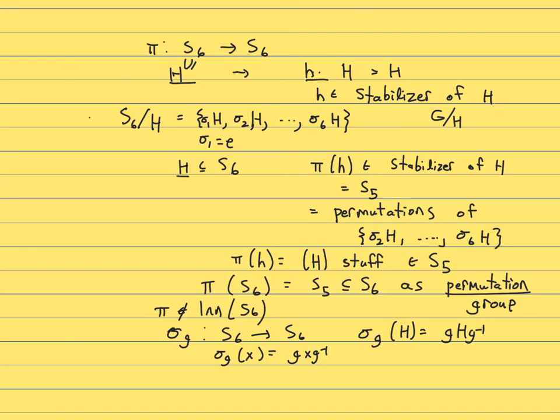And so if pi were inner, then we would have a problem. So if pi were equal to sigma g for some g, then pi of h is just a conjugate of h, which would still be transitive. You can check that the conjugate of a transitive permutation group is still a transitive permutation group.